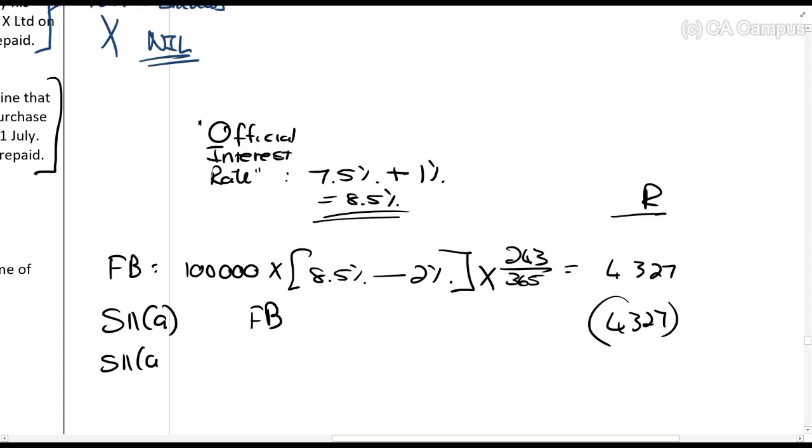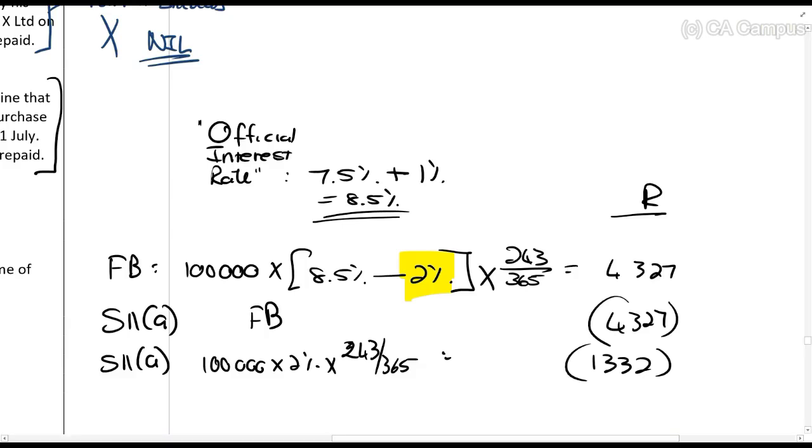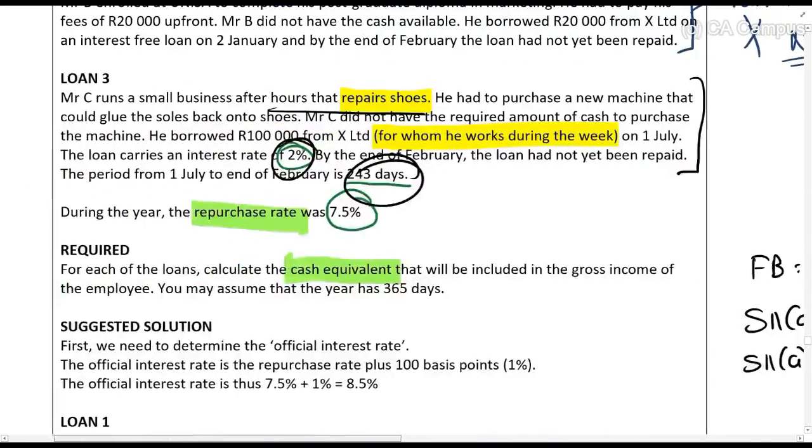He also gets section 11A on the actual interest that he has paid, which is that 2% over there. So 1,332, he gets that as well. So basically, he gets the deduction on the interest he has actually paid and on the fringe benefit amount.